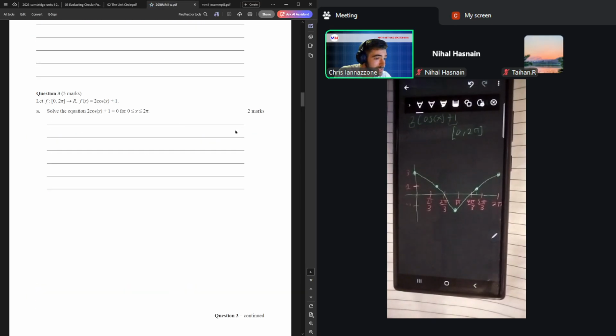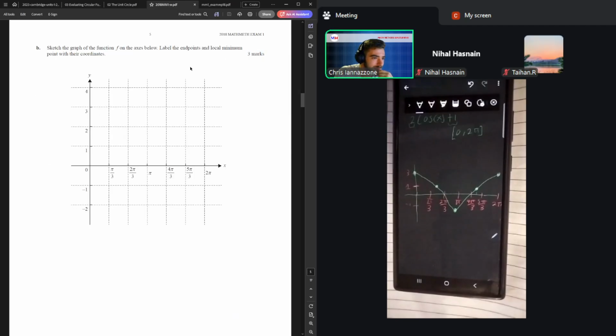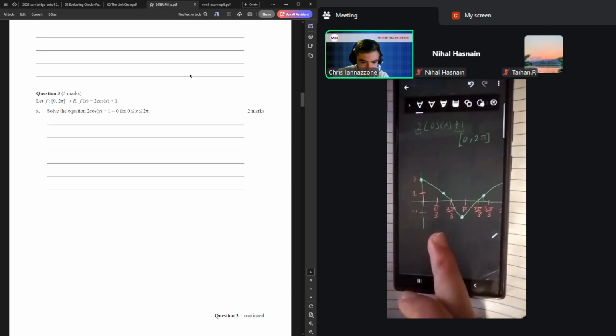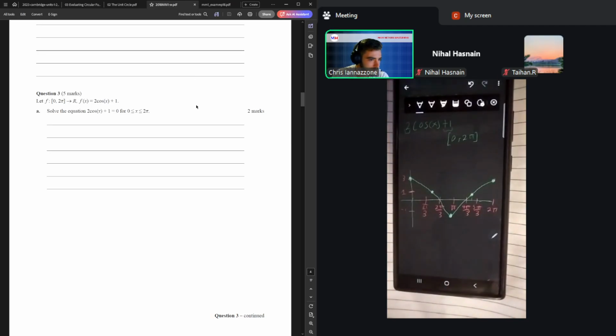So I guess in reality, this is a 5-mark sketch. You get 2 marks for solving your x-intercepts in a separate spot, and then you get 3 marks for drawing the whole thing. You get so much time for doing this. And I mean, I finished, didn't I? Like that's it. In the time it took me to say that and explain it, that's 3 marks.